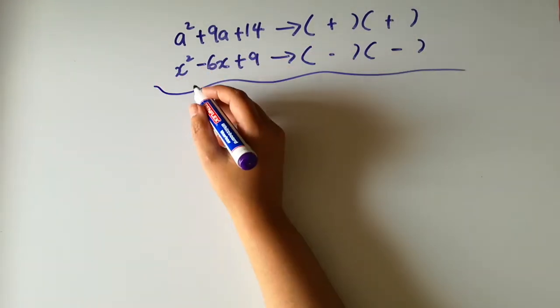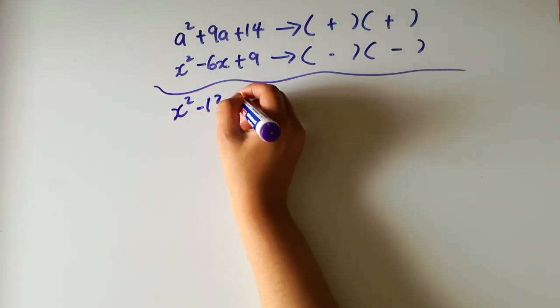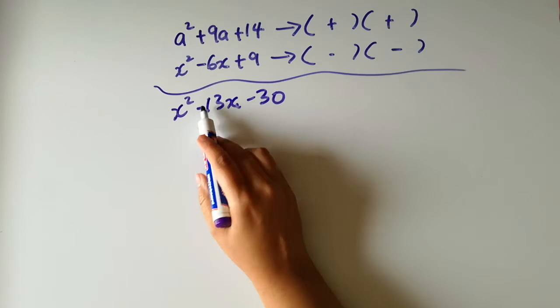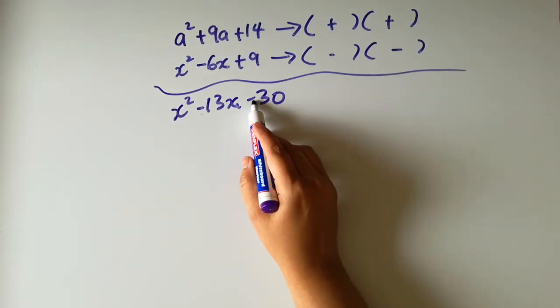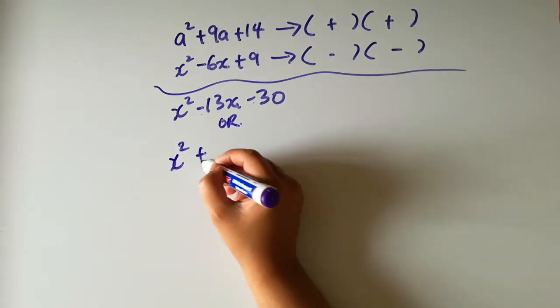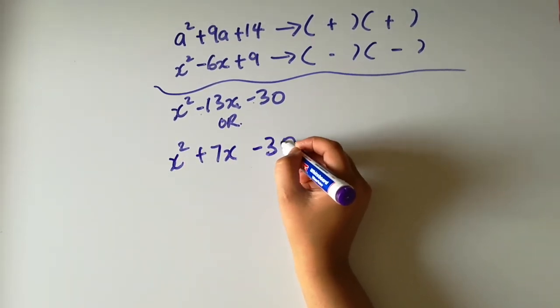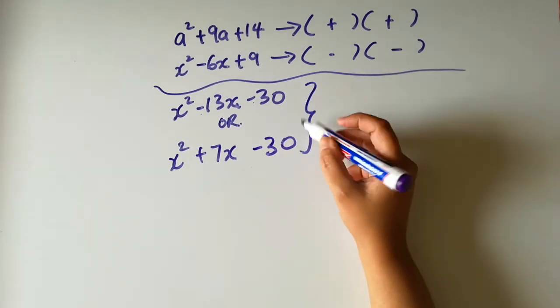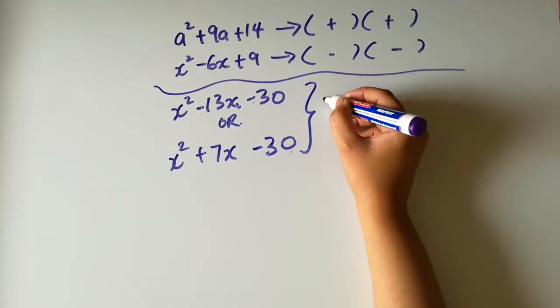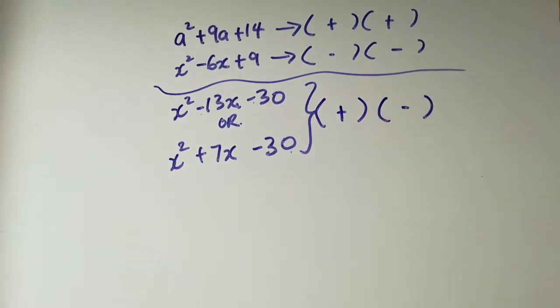But if I have, let's say, a minus and a minus, or if I have a plus and then a minus, then in these instances, one of my brackets is going to be a plus and one is going to be a minus. So let's look at that again.